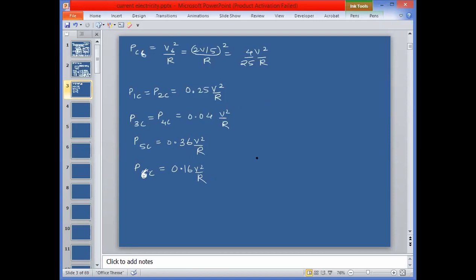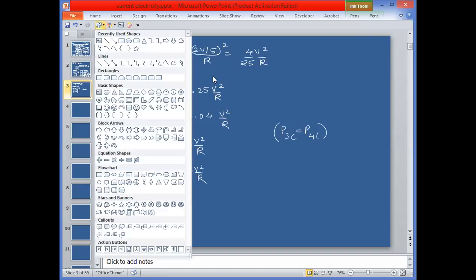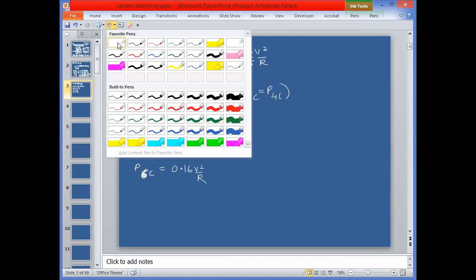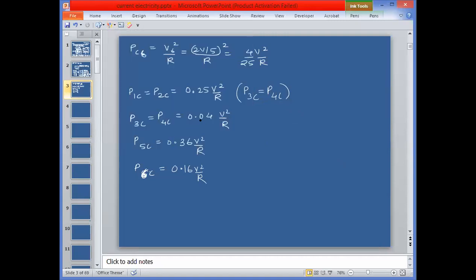Okay. So can I say smallest is 0.04. So P3 equals P4. This is the smallest. Then which is the highest to it?